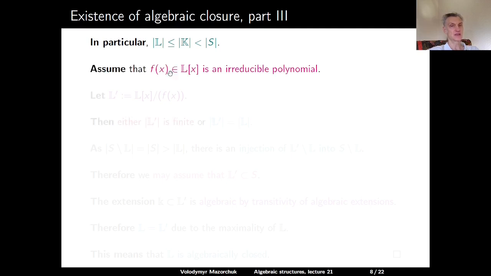Assume that f of x is a polynomial with coefficients in L, which is irreducible. Let L' be the algebraic extension of L to which we add the root of this f of x.